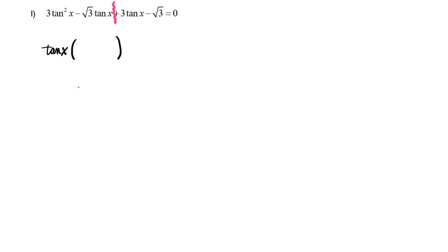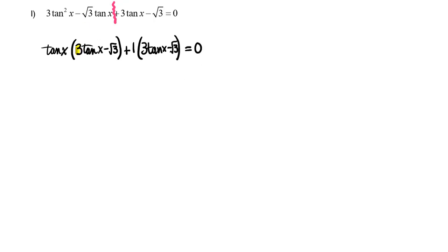And if I factor out the tangent of x, I'll get 3 tangent of x minus root 3. And then if I factor out a 1 in the second grouping, I'll have 3 tangent of x minus root 3. And that does equal 0.